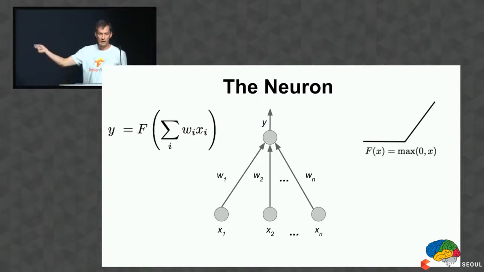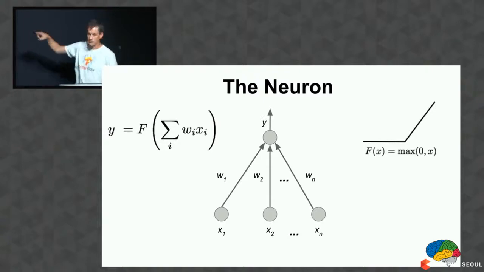In our artificial neurons, instead of just this binary spike, we're actually going to emit a real numbered value. And so the function these neurons compute is the weighted sum of their inputs times the weights applied through some nonlinear function. And typically, the nonlinear function we're using today is called a rectified linear unit. It's the max of 0, x.